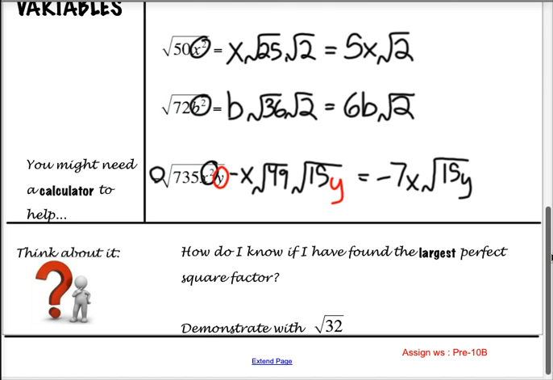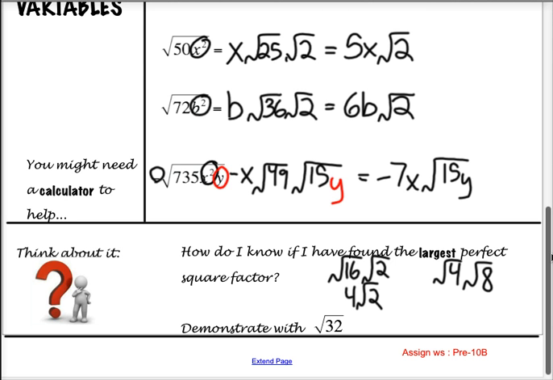All right, so how do I know if I found the largest perfect square factor? So we're going to use 32 as an example. Now you've already seen how this works if you do it right. So doing it right would be breaking that apart into 16 and 2. So you get 4 square roots of 2. But let's say you didn't recognize that right away, okay? Let's say you just pulled out a 4. So you had 4 and 8.